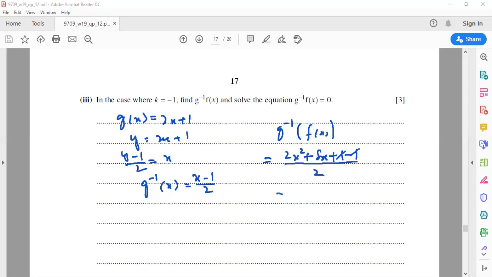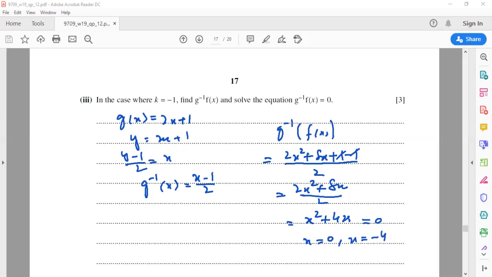The 1s cancel, so we are left with 2x square plus 8x divided by 2, which gives x square plus 4x. Now it says put it equal to 0 and get the value of x. So x is equal to 0 and x is equal to minus 4. These are the two answers here.